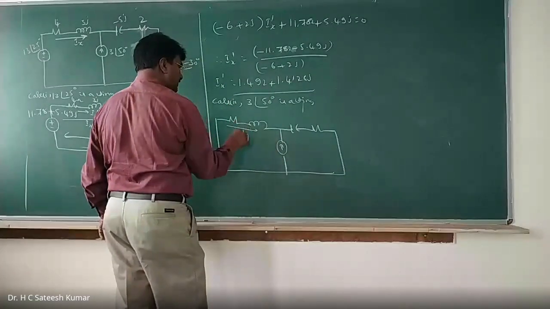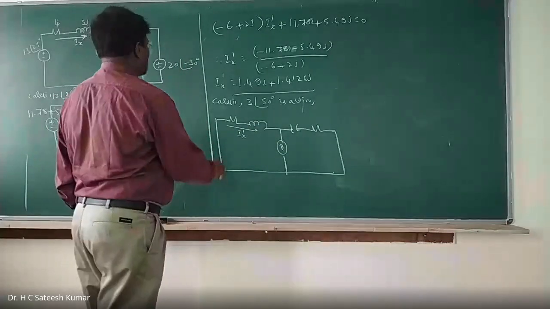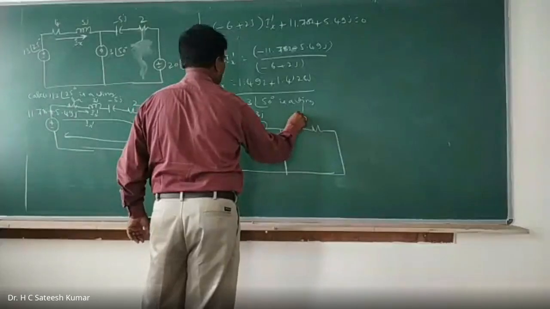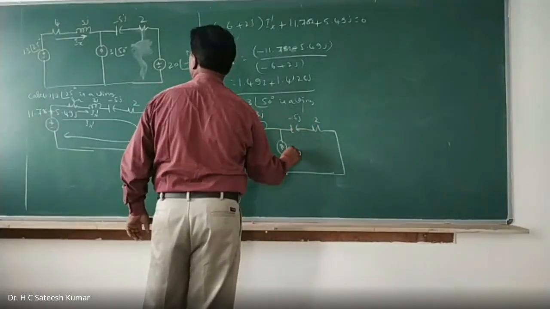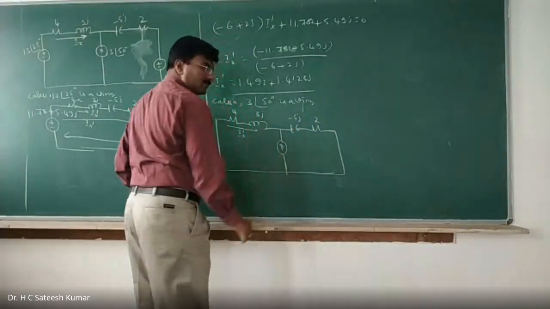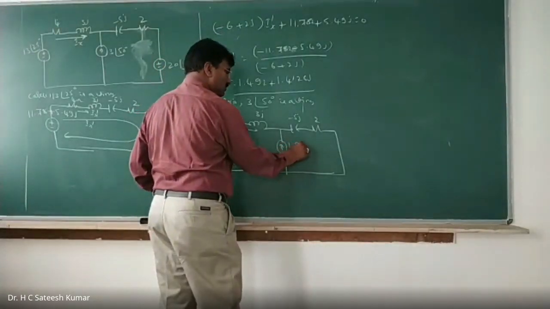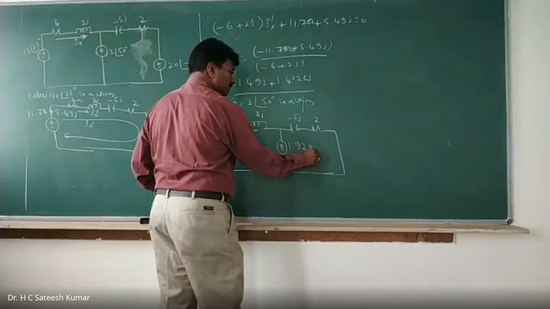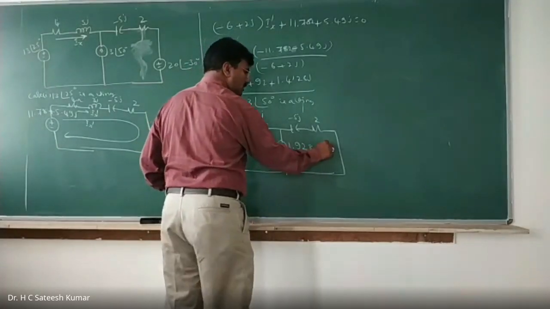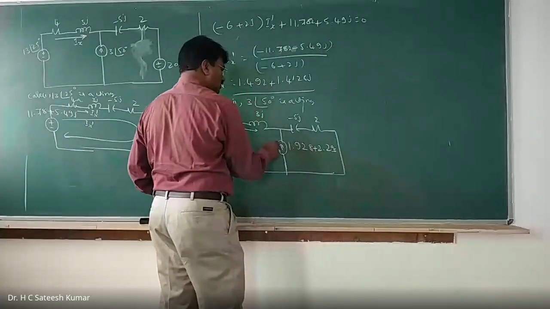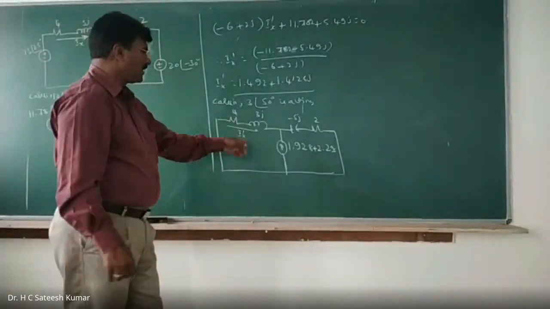Ix dash, 4, 3j minus 5j, 2 ohms. What is this one? 1.928 plus 2.298j.